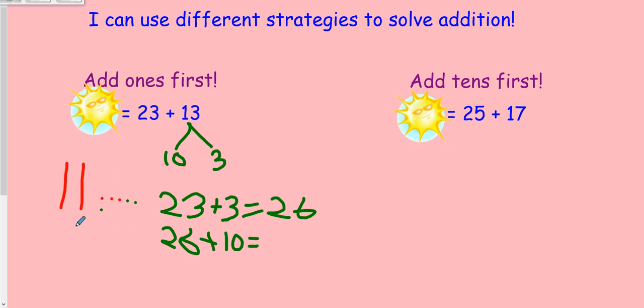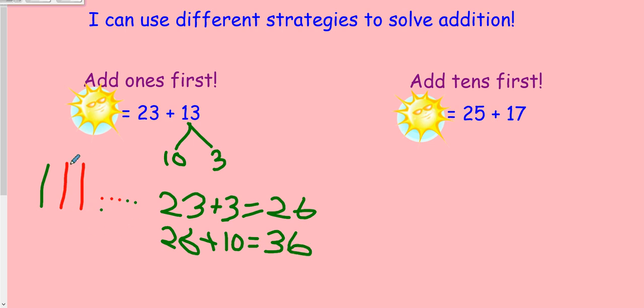Let's look at our picture and do the same thing. 26, let's add a 10. Since we are just adding tens now, we can use skip counting. We can skip count from 26 by 10s. 26, 36. 26 plus 10 equals 36.